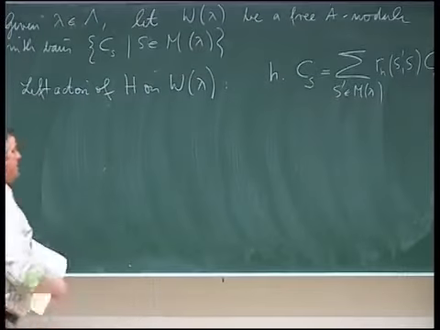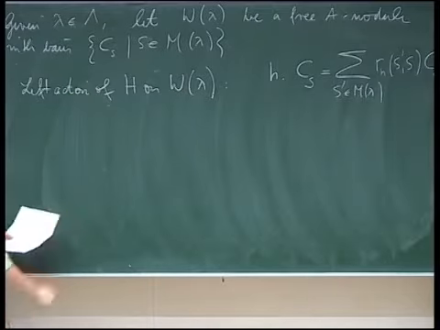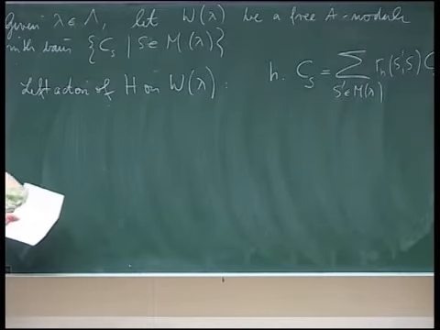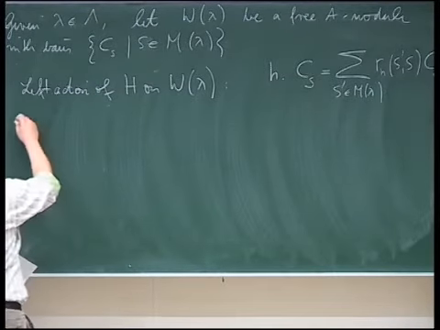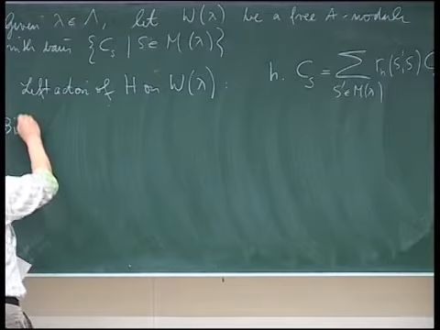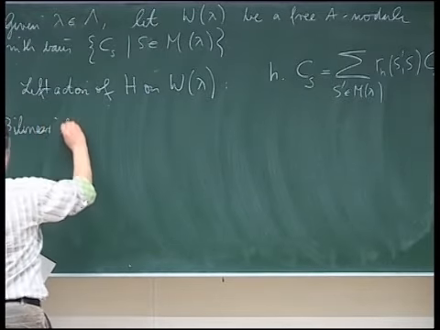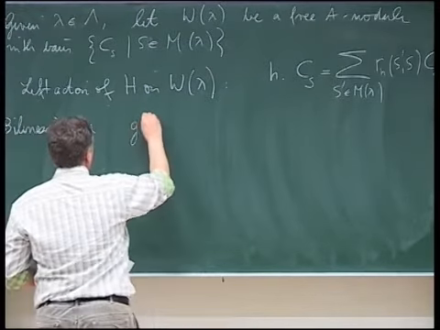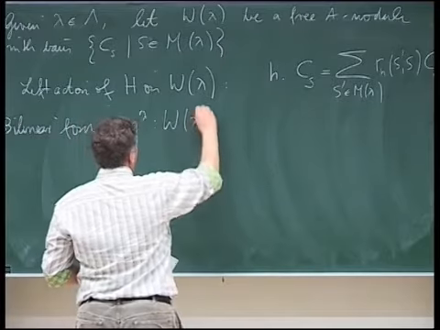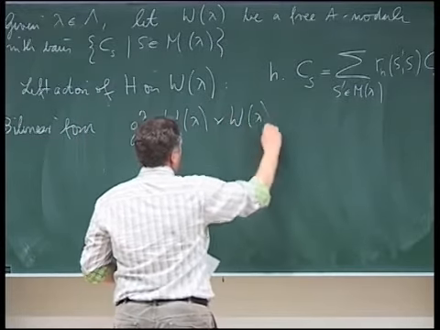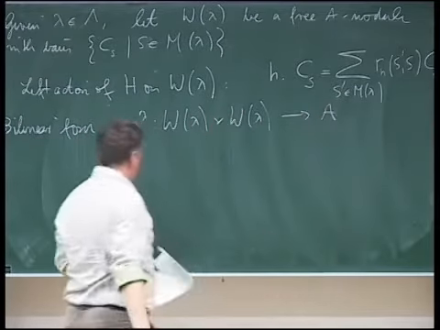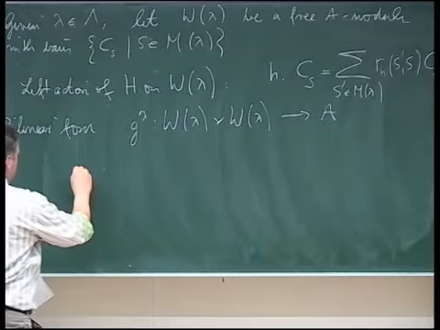Then next, each of these W lambdas carries a natural bilinear form, which is defined as follows.